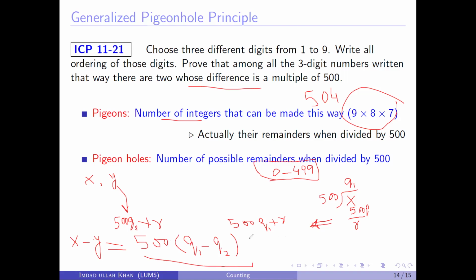So the difference of the numbers is a product of two integers. One of them is 500. So hence the difference is divisible by 500.